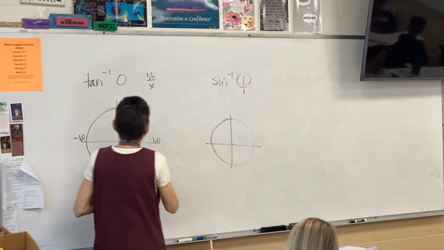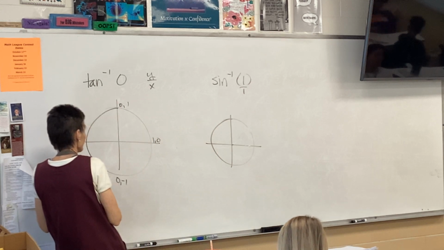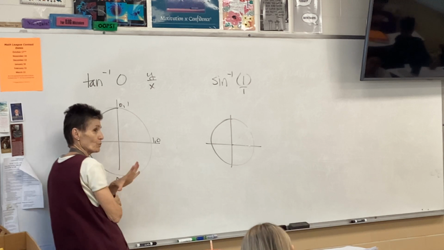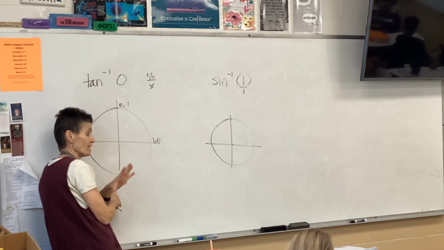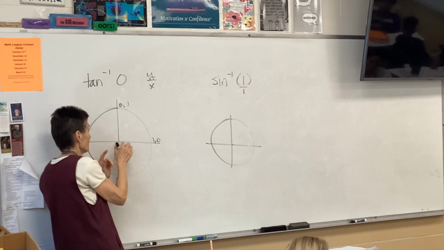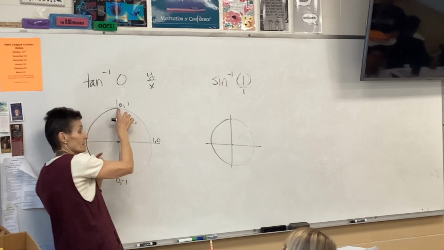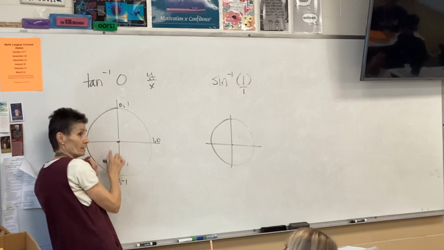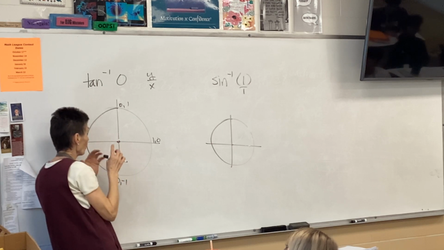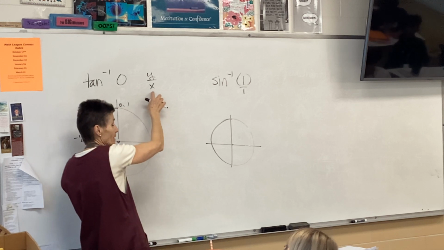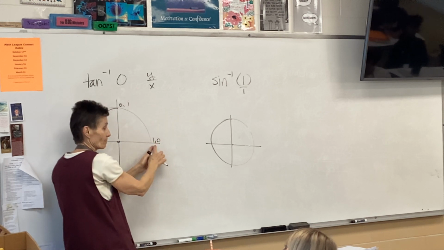Okay, now look around the circle. I've labeled all my points, and some of you struggle with that. I can't fix that. You just have to use your common sense. Here's the origin, that's 1, 0, 0, 1, and so on. Which one of these points gives me a 0? Start here.